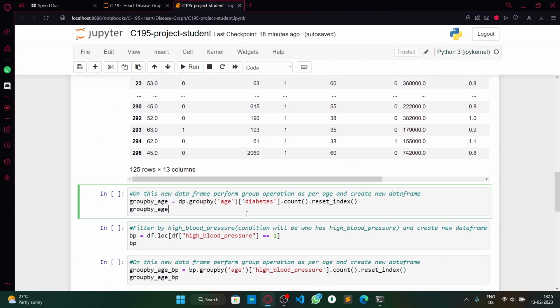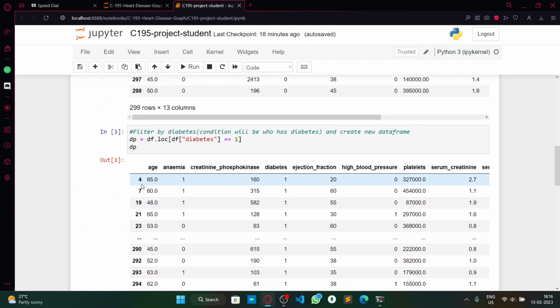And then we are going to group by age and diabetes, and we are going to count. If you understand, we are grouping by age and diabetes and counting how many people have diabetes at each age. For example, if the age is 19, then it will count the number of people who have diabetes. And we are using reset index because we don't want random indexes.